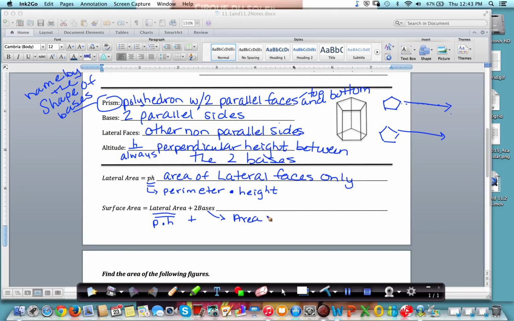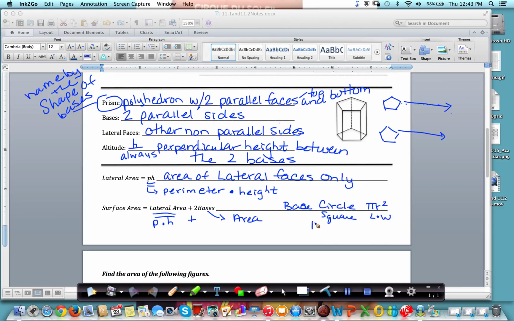So if the base is a circle, then the area of a circle is pi r squared. If the base is a square, length times width.